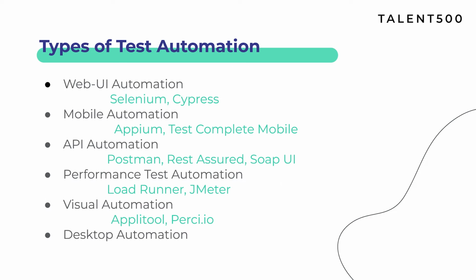So our next slide is on types of test automation. See, there are many ways to answer this question. Many people say that there are non-functional or functional types, but I try to put it in a way which I feel, or which I have seen in my last 11 to 12 years of experience. Yes, you can say that automation can be divided into functional and non-functional, right?